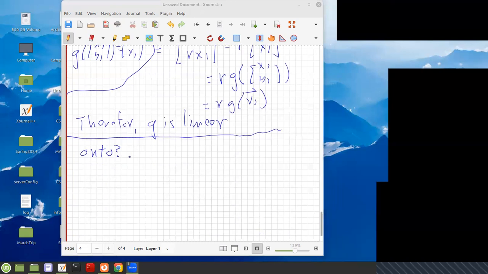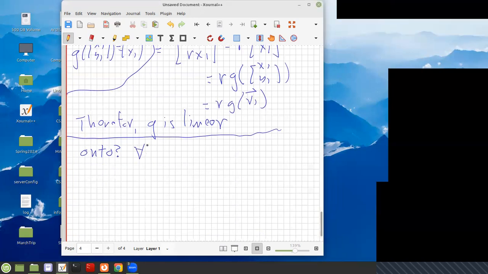It's going to be onto if for every W, that's a vector in the codomain, there exists a V, a member of the domain, such that G of V equals W. So for every W member of the codomain, there has to be a member of the domain such that the image of the domain vector is that chosen W.